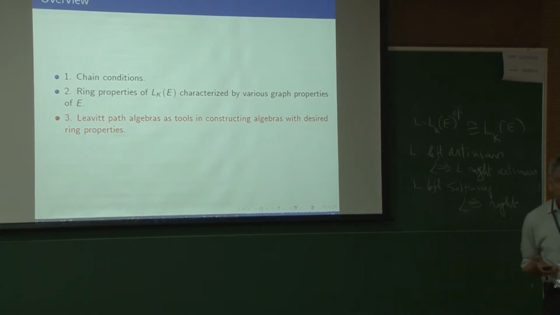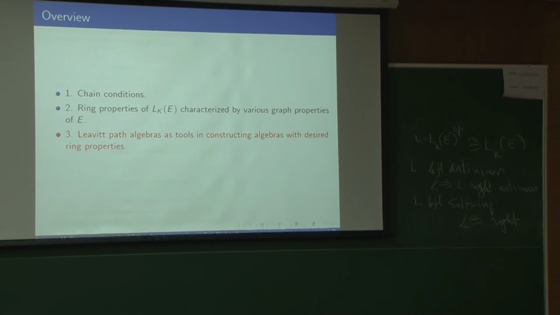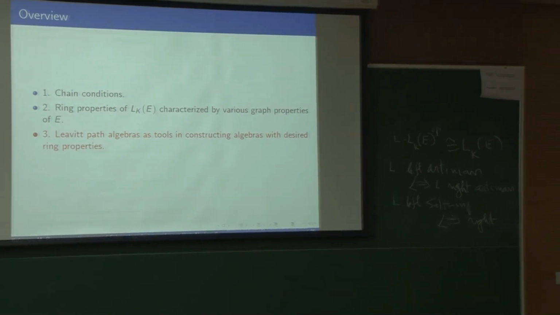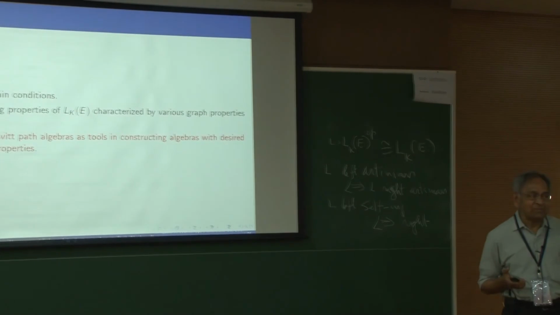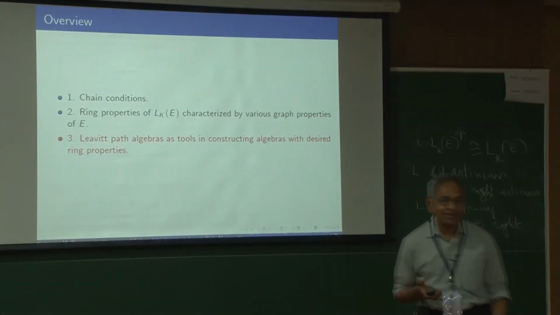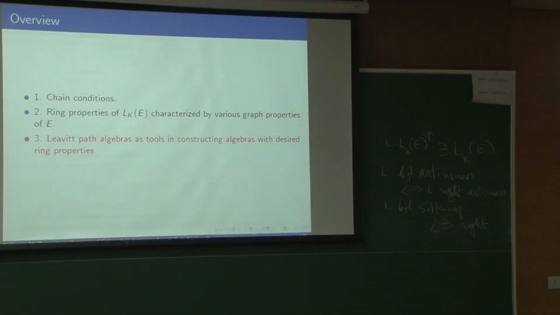One of the problems in investigating theory is that you need lots of examples, whether they are working examples or counterexamples, and you see that Leavitt path algebras turn out to be great tools. All you need is to manipulate some graphs. Once you get adept at it, it's real fun. Hopefully many of you get a hang of that.